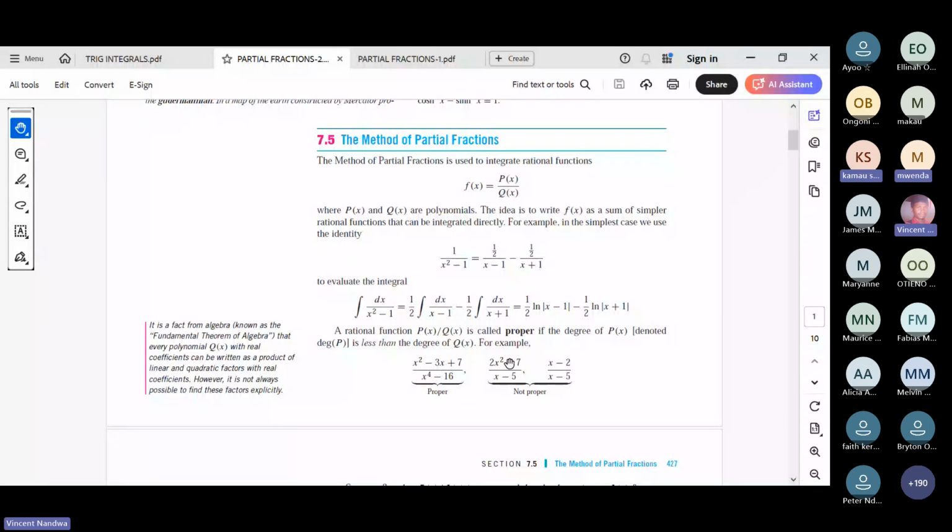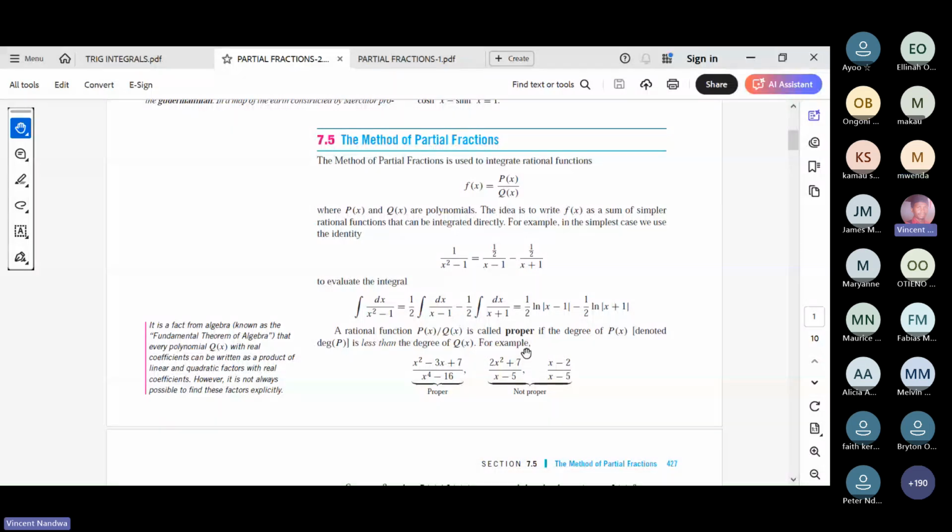Then this last fraction, x minus 2 is of degree 1. x minus 5 is of degree 1 again. So cases whereby the degree of the numerator is exactly the same as the degree of the denominator are also examples of an improper rational function. A rational function is only proper if the degree of the numerator is strictly less than the degree of the denominator.